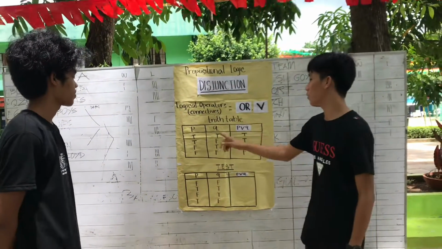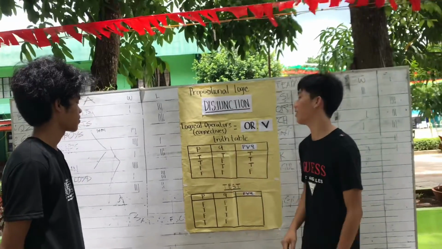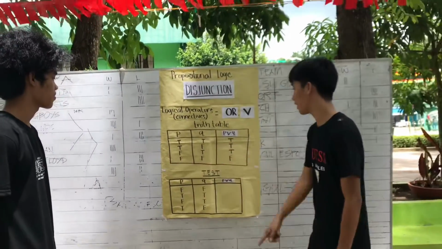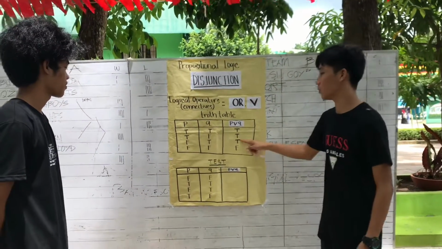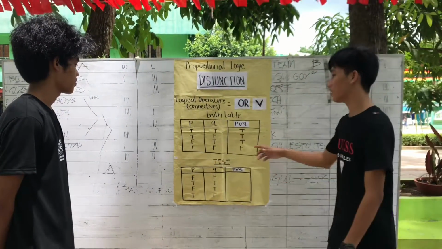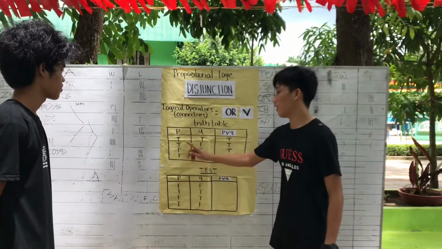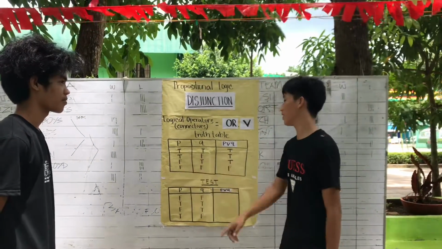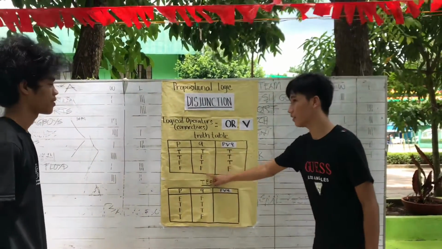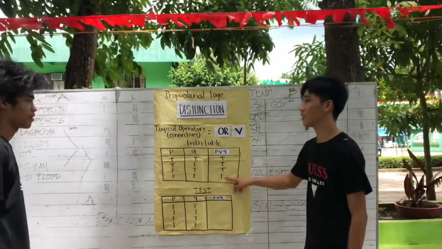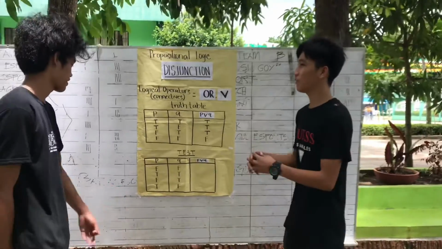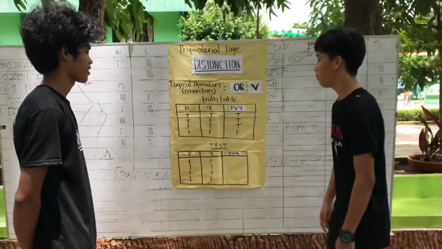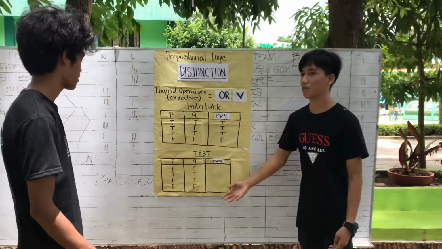If the first variable is false and the second is true, it is automatically true. If the first is false and the second is false again, then it is false. Do you get the logic? Yes. If you get the logic, please try to answer this test below.